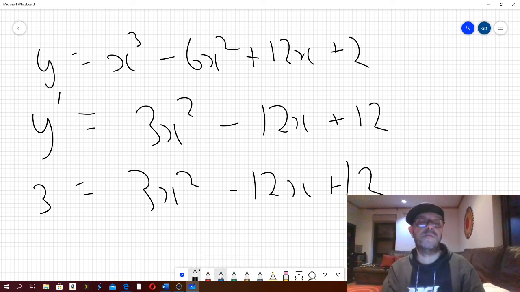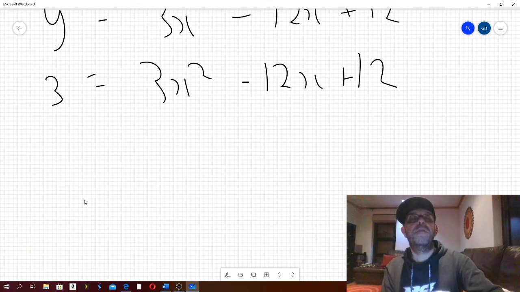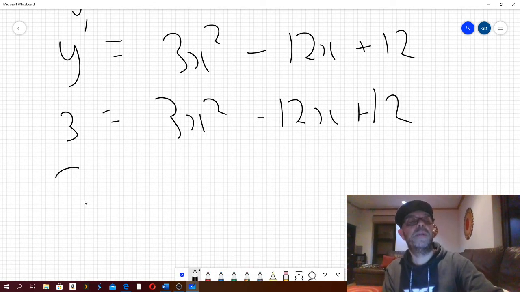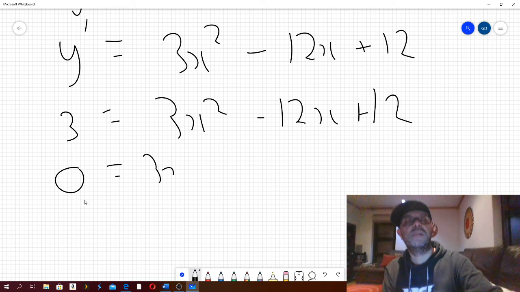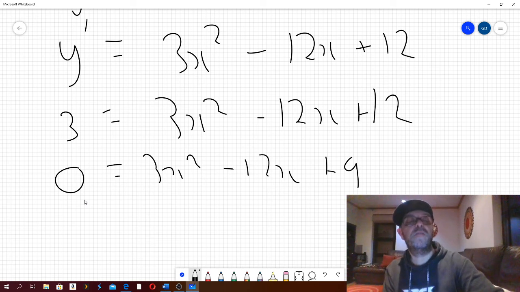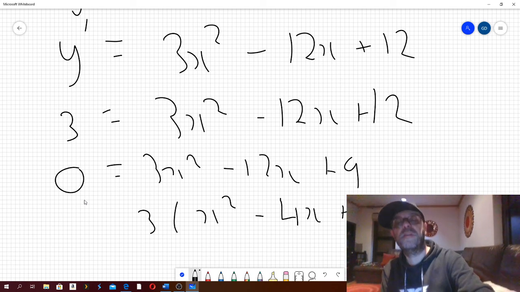So 3 is equal to, let's make it now 0, 3x squared minus 12x, and we'll say 12 minus 3, which is plus 9. Factorize 3 out, and you've got 3 times x squared minus 4x plus 3.